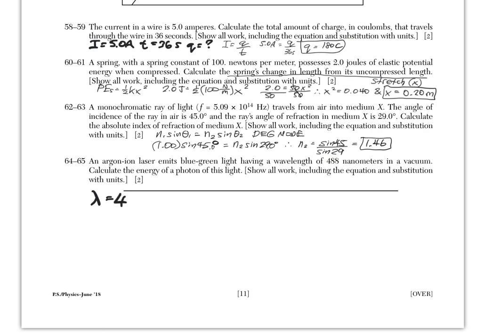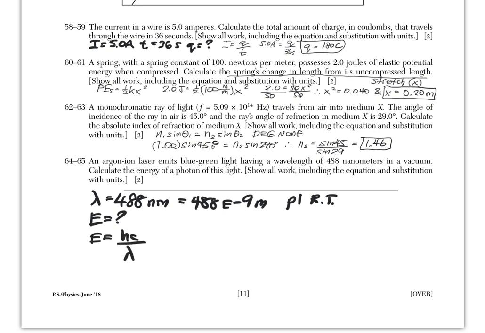Anyway, 488 nanometers is 488 times 10 to the negative 9 meters, and the fact that nano is 10 to the negative 9 is on page 1 of the reference table, so don't miss that. And we want to know what the energy is, so we can say E equals hc over lambda.